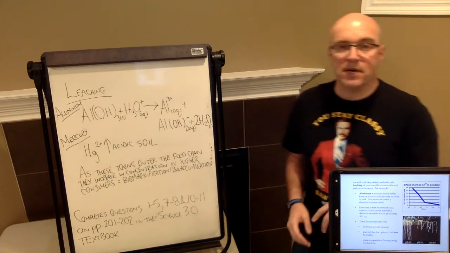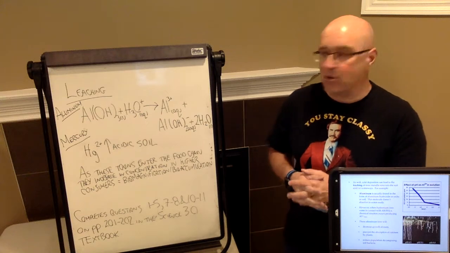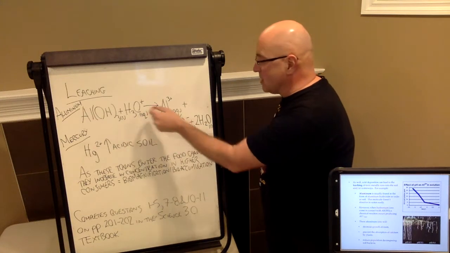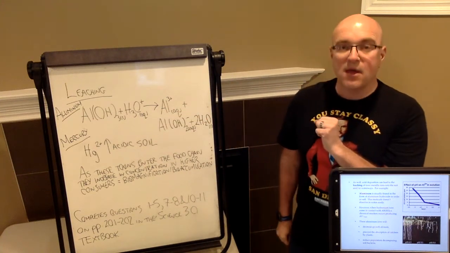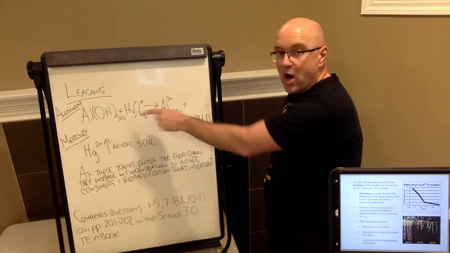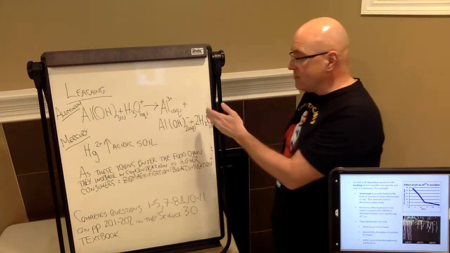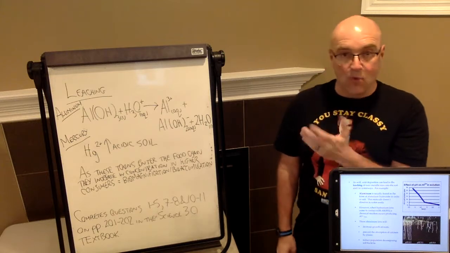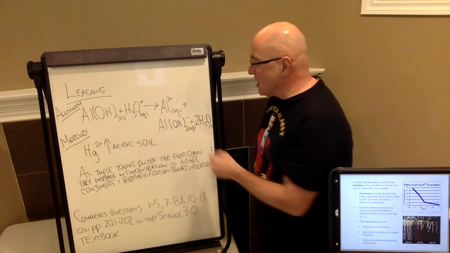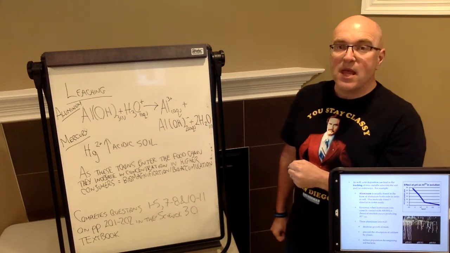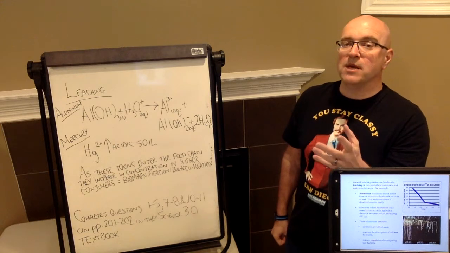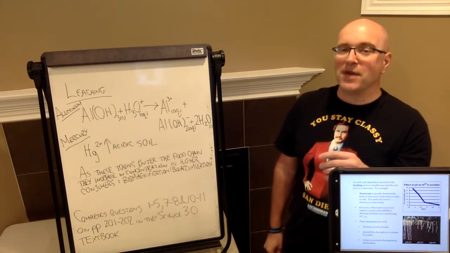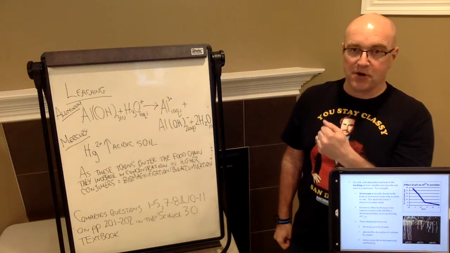Aluminum hydroxide is going to be your base, and they're going to swap protons, and we're going to get the formation of water. The hydronium will become water, and aluminum hydroxide will form aluminum ions.